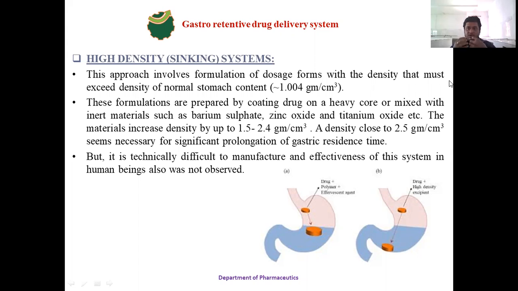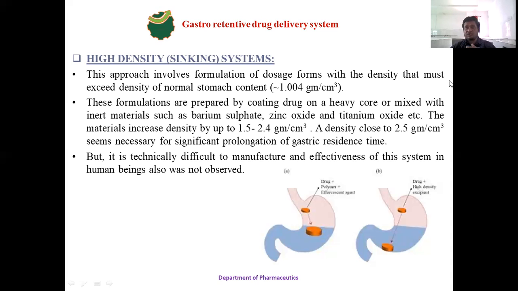Because of that there is a release of carbon dioxide, or we can use certain other substances or liquids which will convert to gas at body temperature. Because of that gas generation, the dosage form will float in the gastric fluid.